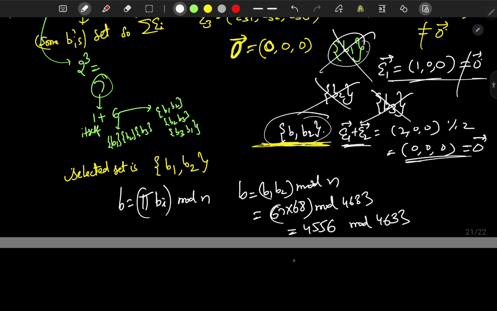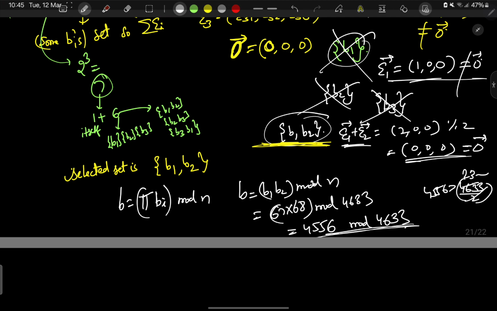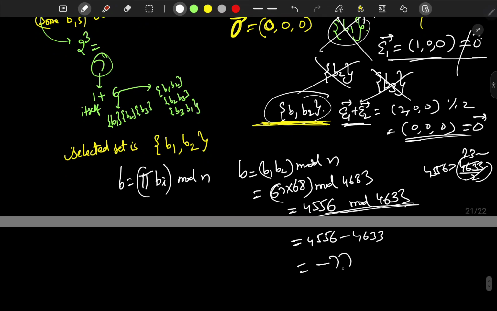Since 4556 is greater than half of 4633, just subtract it, and that becomes 4556 minus 4633, which is minus 77.